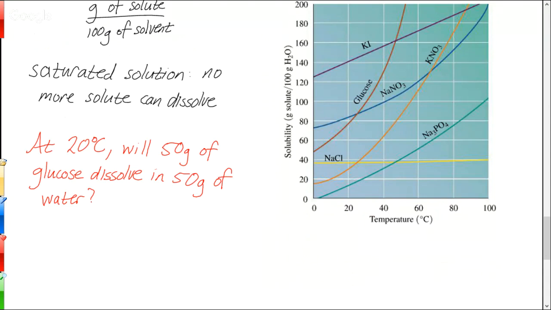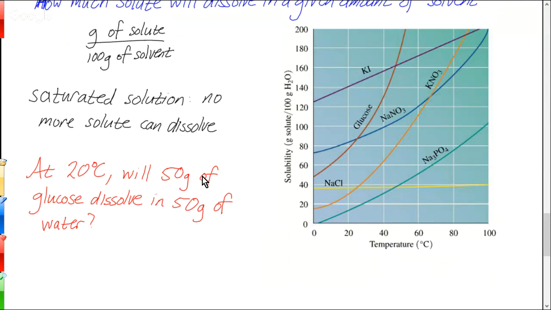To solve a problem like that, first we have to recognize that this isn't just a straight up graph reading issue, because the graph tells us grams of solute per 100 grams of water, and we want to know if 50 grams of glucose will dissolve in 50 grams of water.